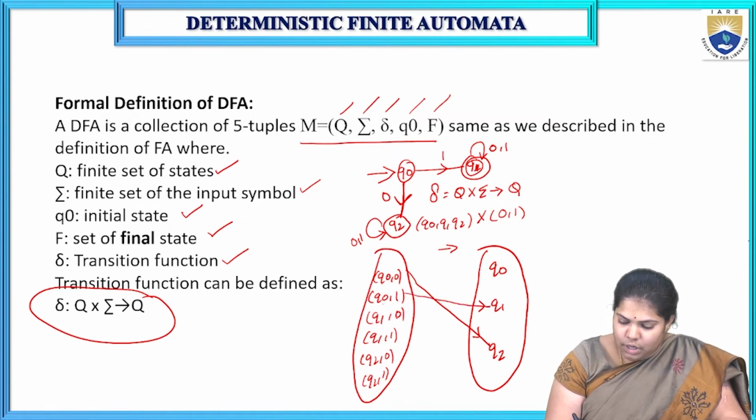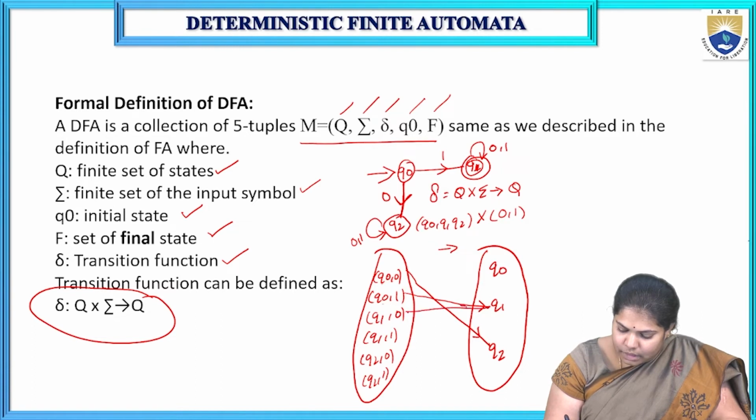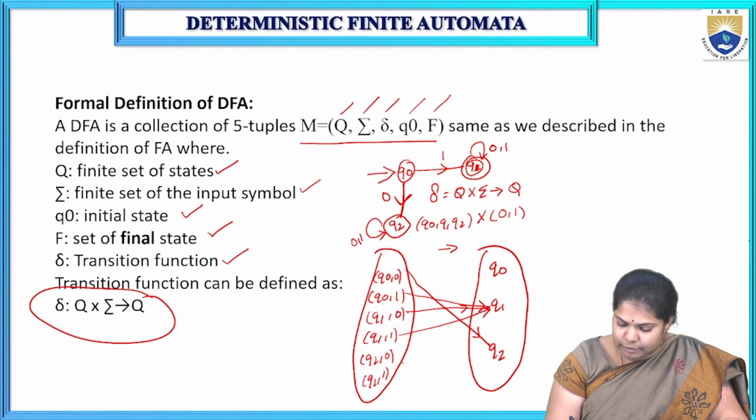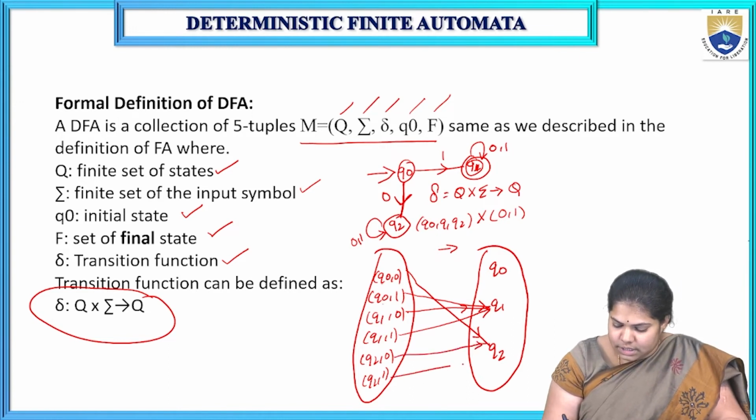Next, Q1 on 0 goes to the self loop, so Q1. Q1 on 1, again the self loop. Q2 on 0, again self loop. Q2 on 1, again self loop.